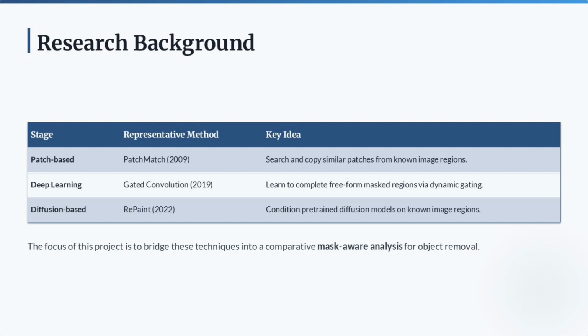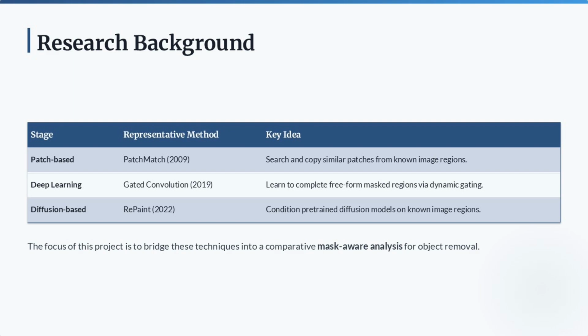This method learns to complete free-form masked regions through dynamic gating. The third stage is diffusion-based methods. A representative example is Repaint, proposed in 2022. It uses pre-trained diffusion models and conditions the generation process on known image regions. The focus of this project is to bridge these techniques into a comparative mask-aware analysis for object removal.